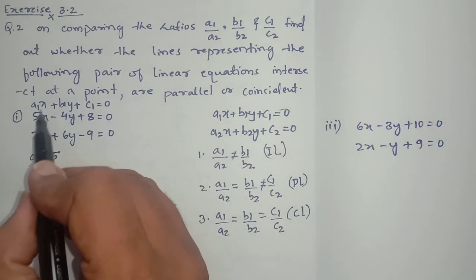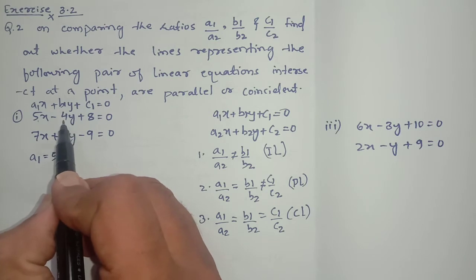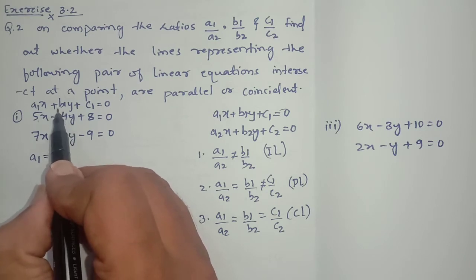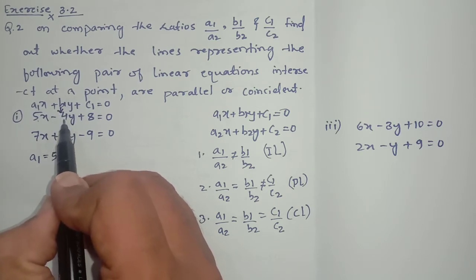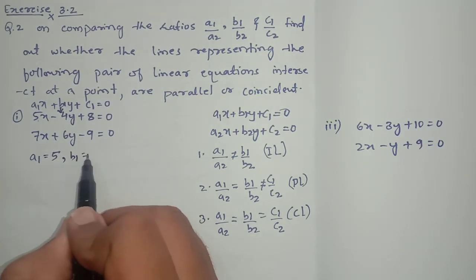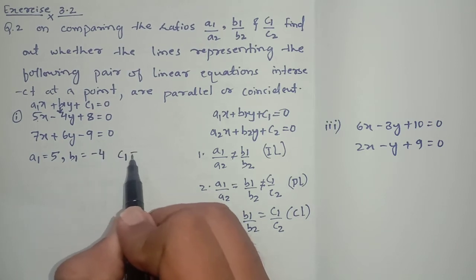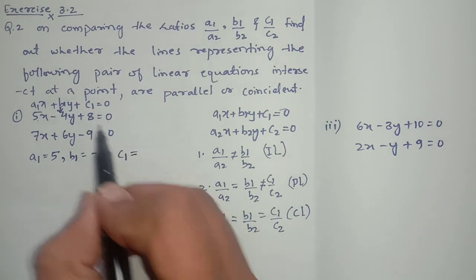Coefficient of x is a1, that is 5. Coefficient of y, in place of b1 we have minus 4, so b1 is equal to minus 4. Now c1 is equal to the constant 8.